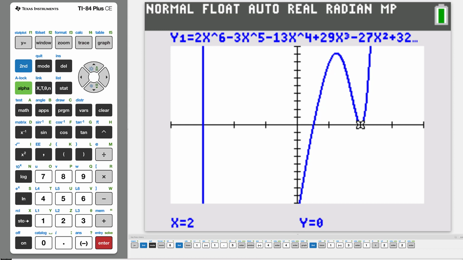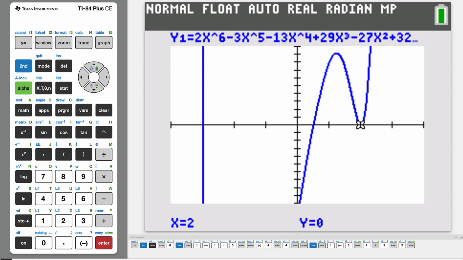In terms of roots and multiplicity, I have a root at 2, and that has a multiplicity of 2. I have a root at -3, and that has a multiplicity of 1. I have another root at 1/2, and that has a multiplicity of 1. And then I have roots at plus or minus i, and that has a multiplicity of 1 each.